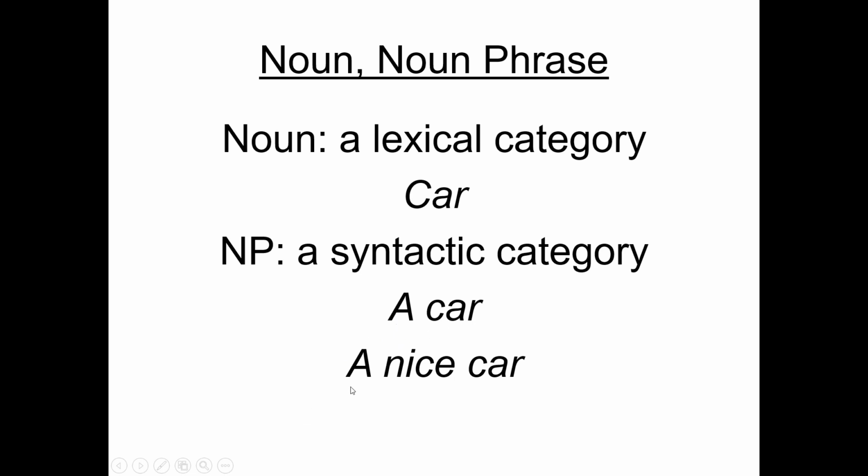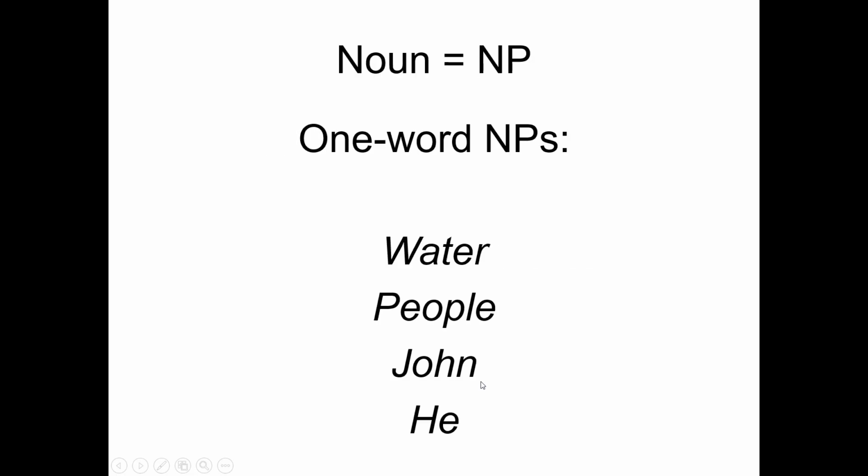It may have another determiner, like this. Then you have nice, which is an adjective, and car, which is a noun. So these are noun phrases. And sometimes just one noun, which is a lexical category, makes up a complete noun phrase.